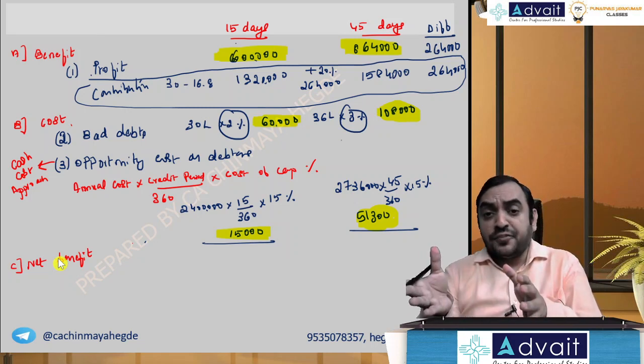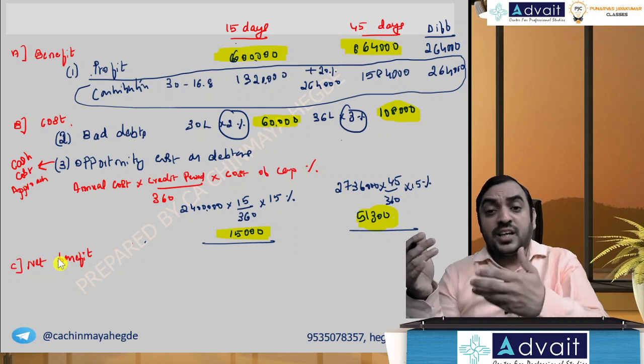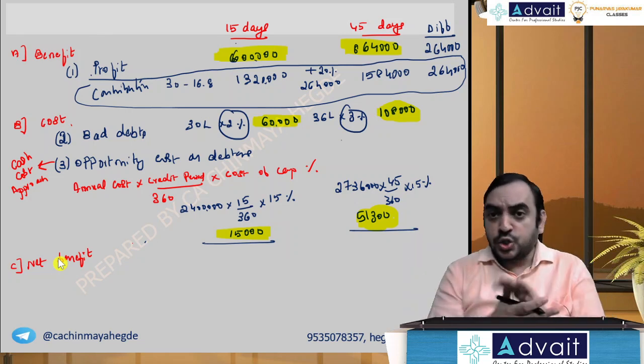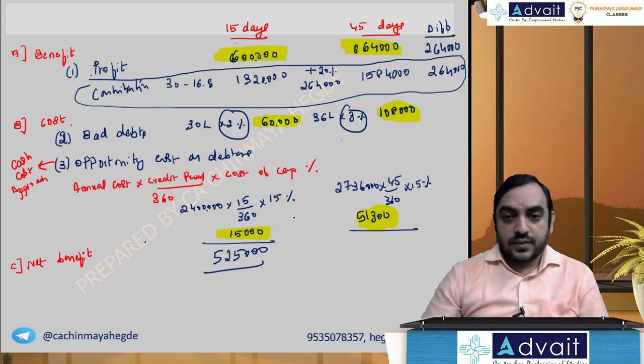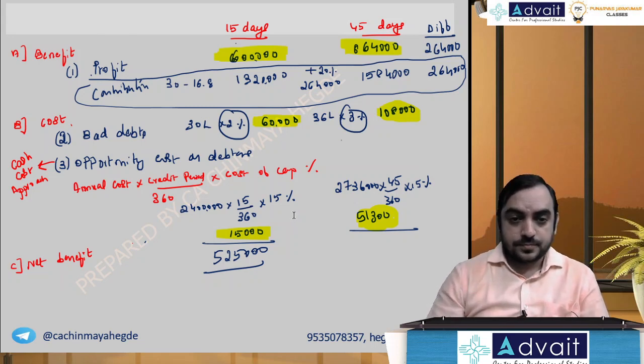The number will be slightly different, but the incremental profit will remain the same. You can also go by contribution basis. So 6 lakh minus 60,000 minus 15,000 is 5 lakh 25,000. 8 lakh 64,000 minus 1 lakh 8,000 minus 51,300 is 7 lakh 4,700.